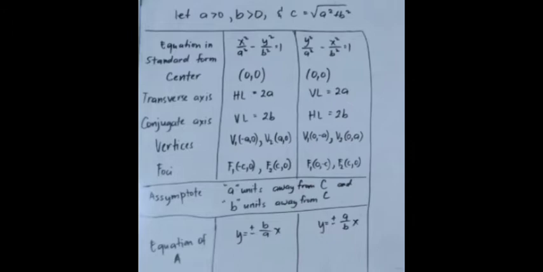In the table, if the equation in standard form is x squared over a squared minus y squared over b squared is equal to 1, or y squared over a squared minus x squared over b squared is equal to 1, we have their corresponding center, transverse axis, conjugate axis, vertices, foci, asymptote, and equation of asymptote. So it depends on which equation we are going to sketch.